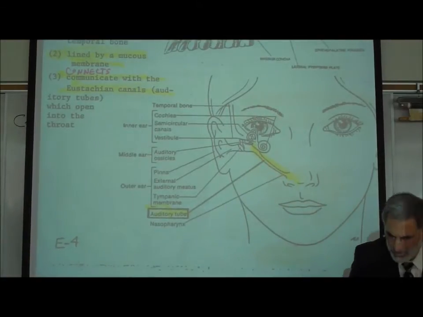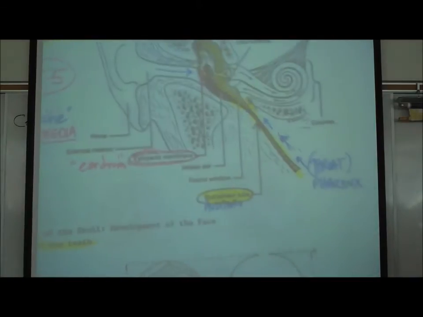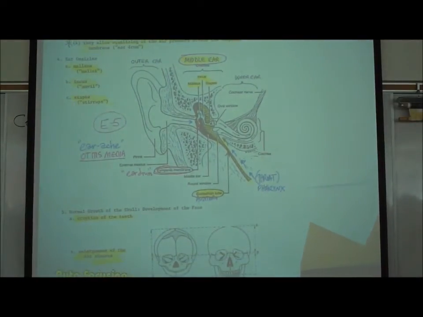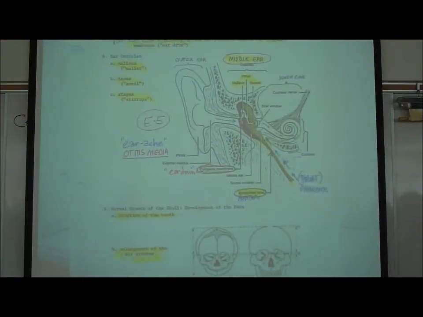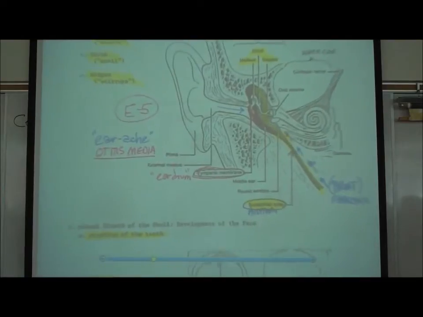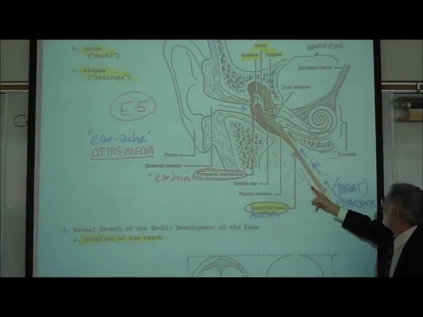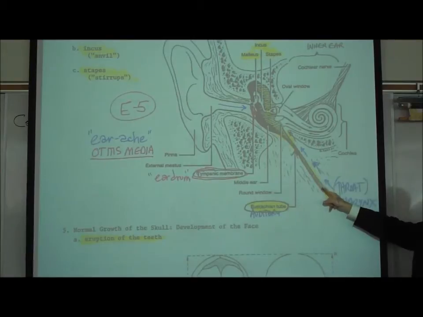Let me try to explain that by looking at page E5. Okay, this is page E5. And right here on the far right is the eustachian canal, also known as the auditory canal or auditory tube.